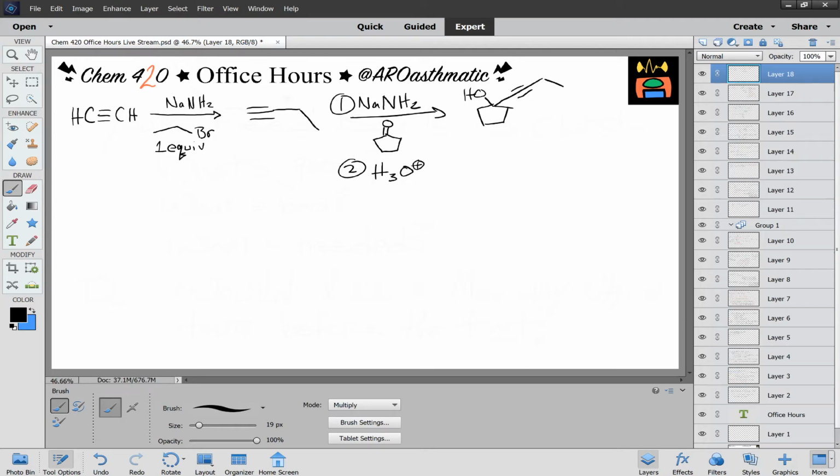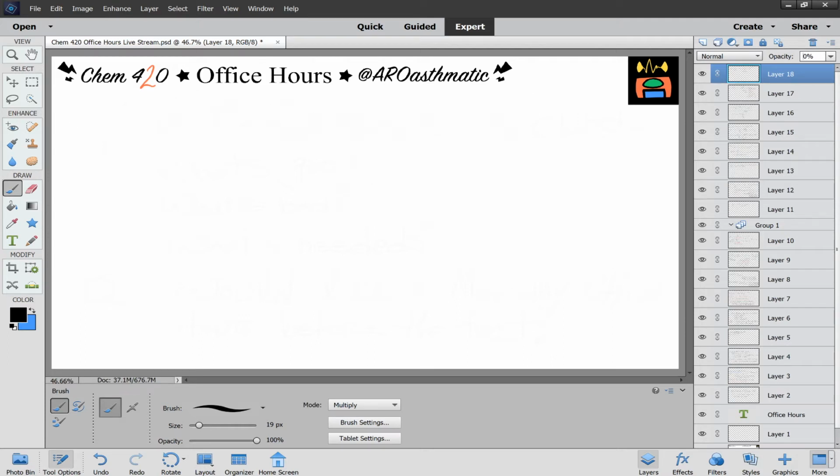Here's a synthesis problem that might be a little next level. A little weird, but I think it'd be a great problem to do because typically organic chemistry professors like to play mind games, right? We like to write something that looks weird to try to freak you out psychologically.